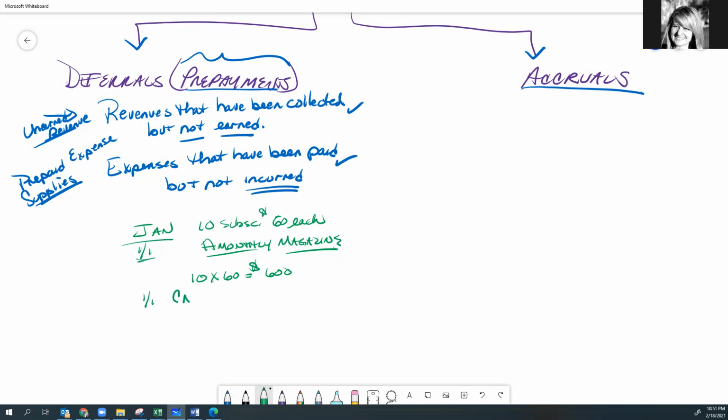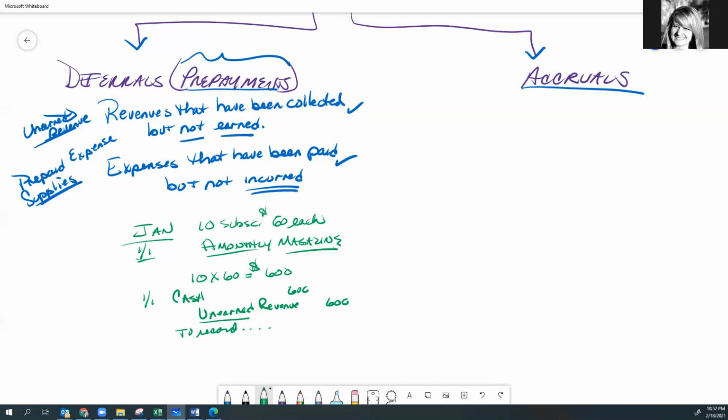I debit cash because I have my customers' cash. And I credit a liability. Crediting a liability makes it go up, and we call that liability unearned revenue. Even though it has the word revenue in it, it is not a revenue because it's unearned, it's a liability. That's what we call it, unearned revenue, to record 12-month magazine subscription sold.